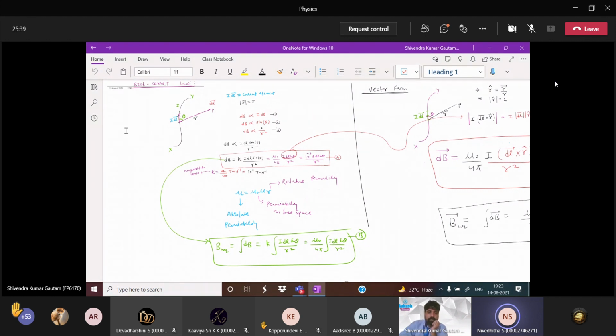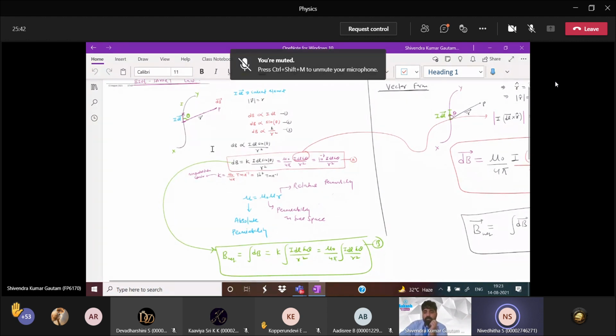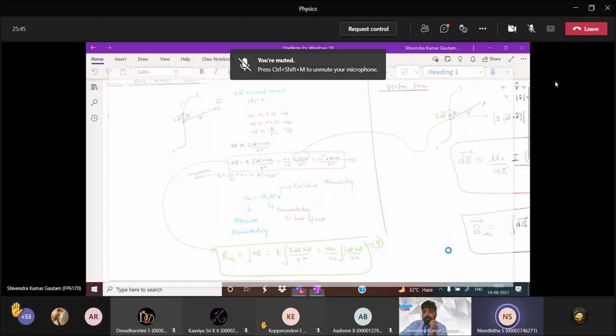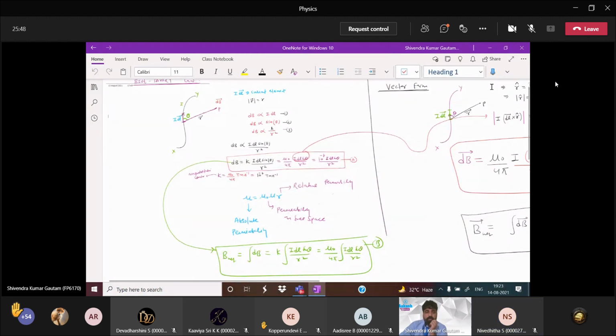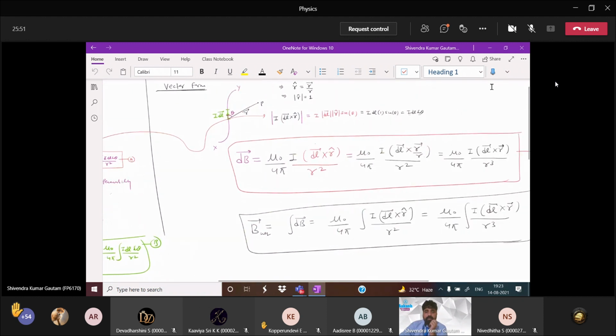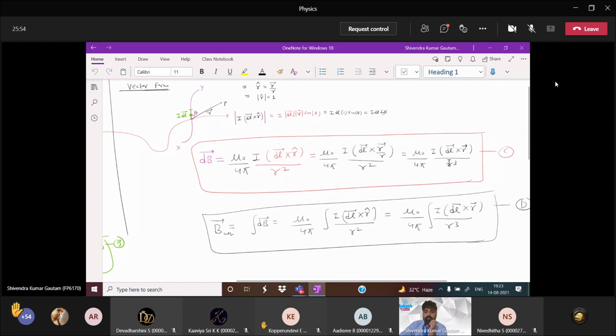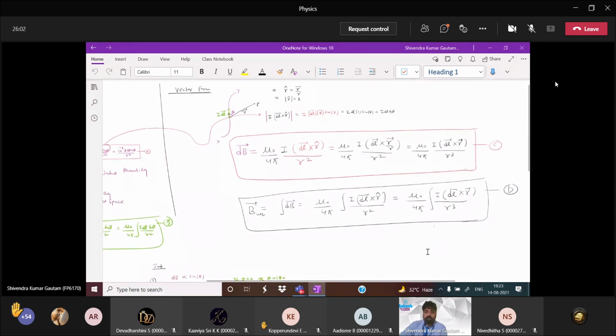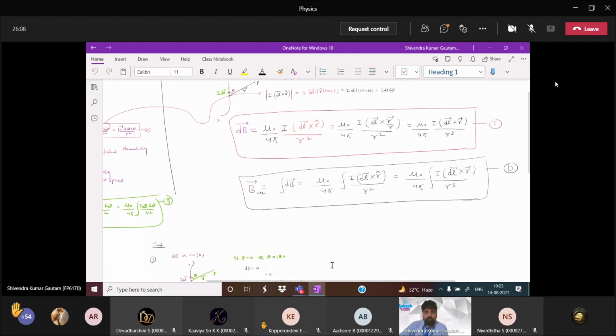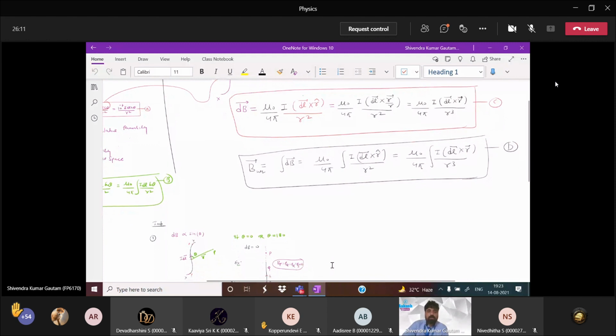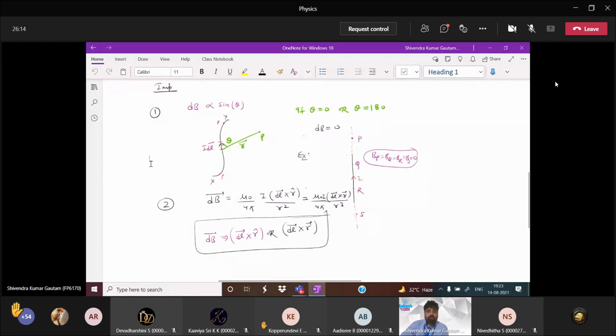Vector form of the Biot-Savart law. What are the important points in the Biot-Savart law? Two important points: one, that it is angle dependent, and one, direction.